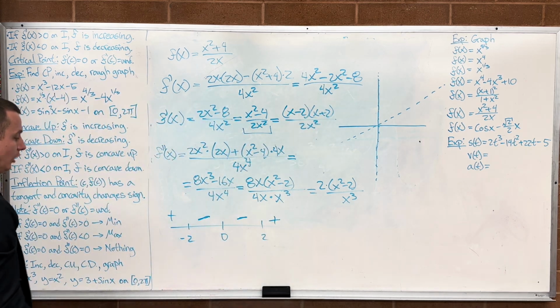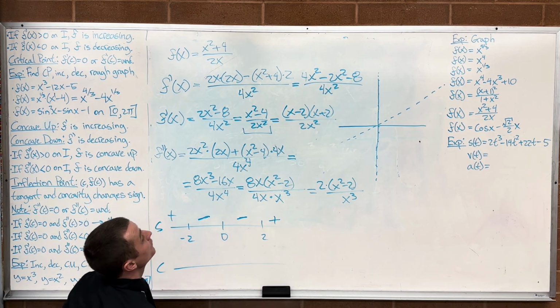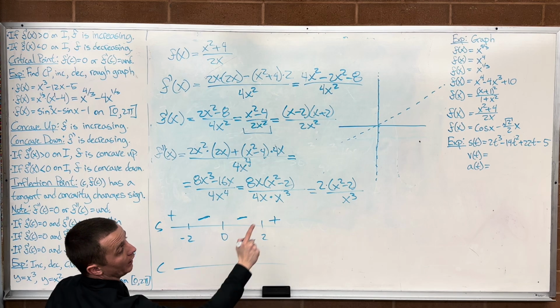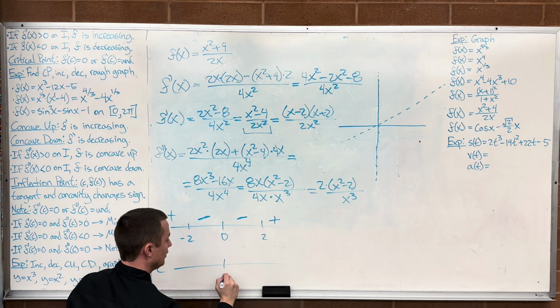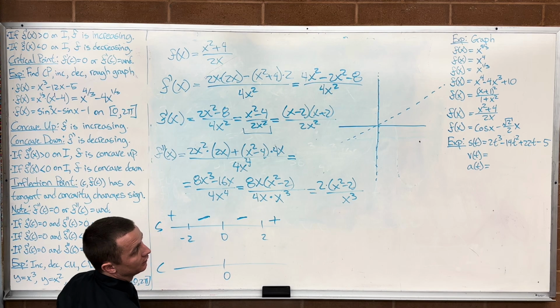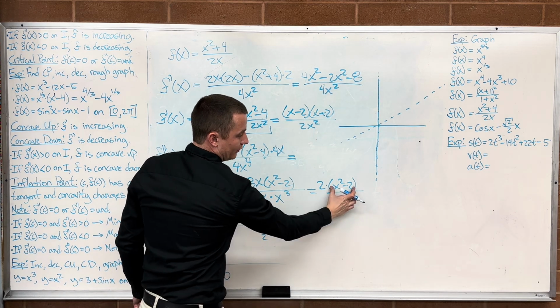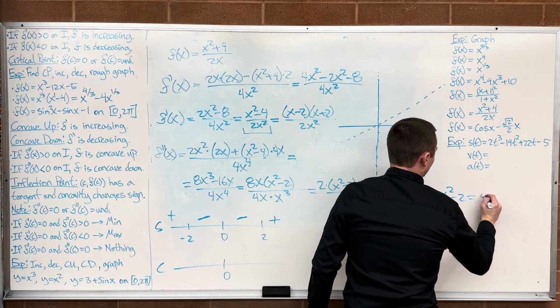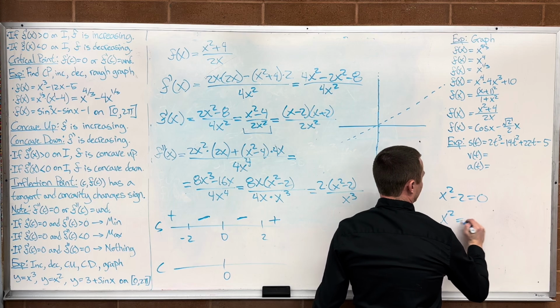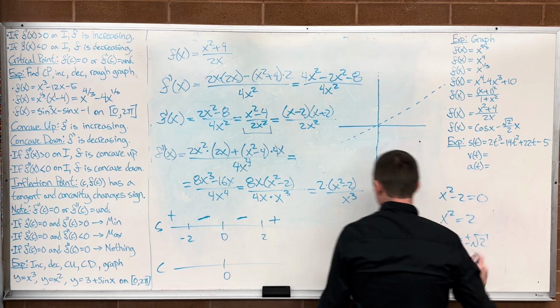Okay, so that was for our slope, and now for our concavity. Where is our second derivative 0 or undefined? 0 is one, where else? Square root of 2. Where x squared minus 2 is equal to 0, that's where x squared is equal to 2, or where x is equal to plus or minus the square root of 2.